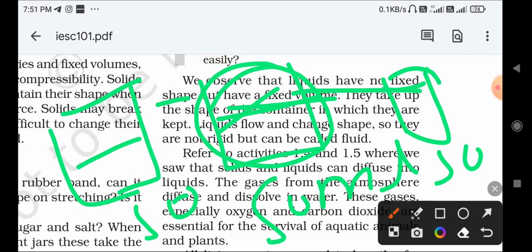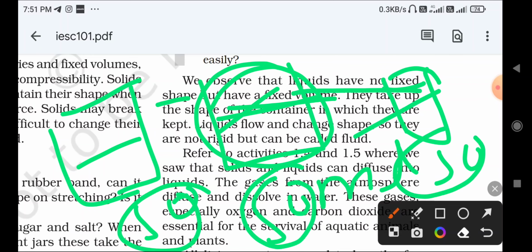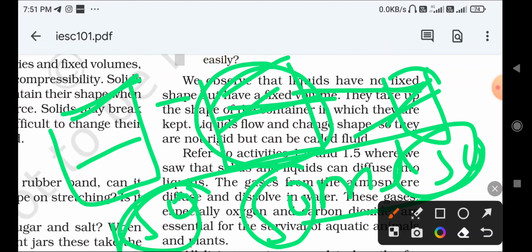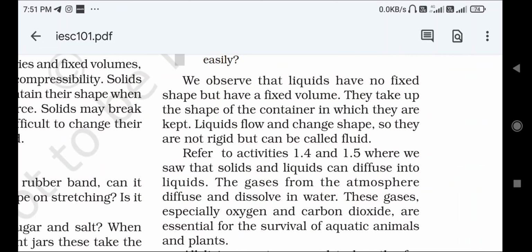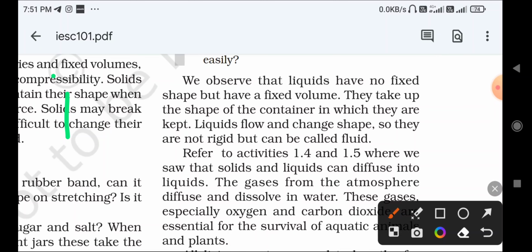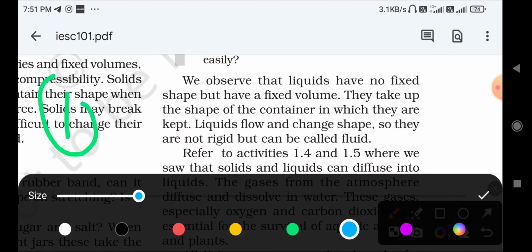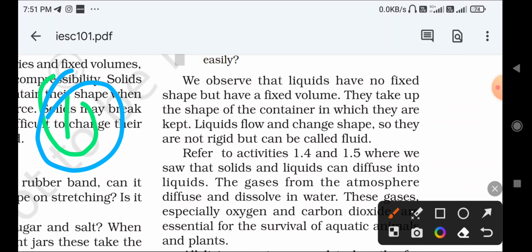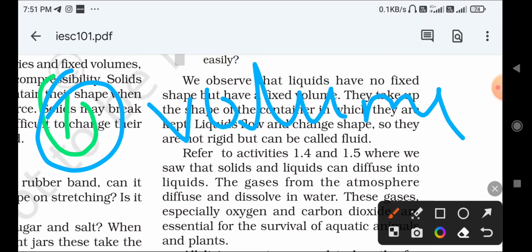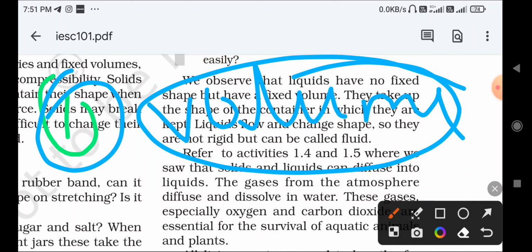The shape changes from one container to another, but there is no change in the volume, it remains as it is. 50 ml means 50 ml, 10 ml means 10 ml; only the shape changes, but the volume does not change. So the conclusion here is that liquids take the shape of the container, but the volume remains the same. Remember that liquids take a different shape in each container, but the volume remains the same.